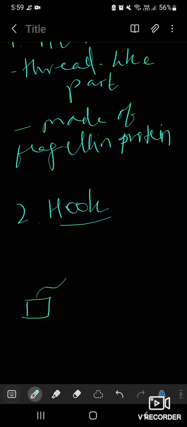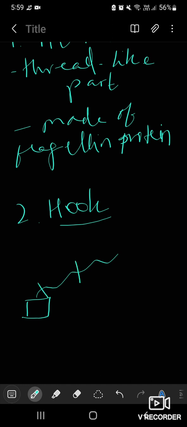Hook. So the second part is hook. So hooks are short curved structures which join the filament with the basal body. So we saw this kind of thing.